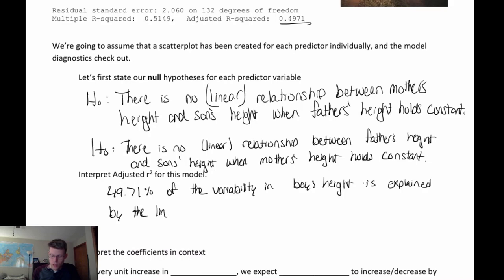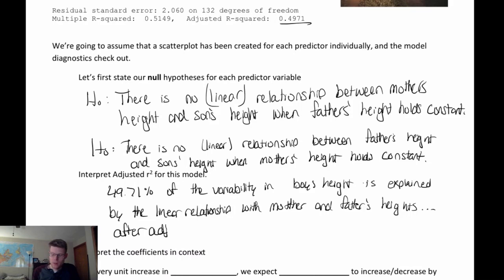the linear relationship with mother and father's height, and since this is adjusted R squared, I am going to add a tag here at the end, and I'm going to say after adjusting for correlation due to random chance.